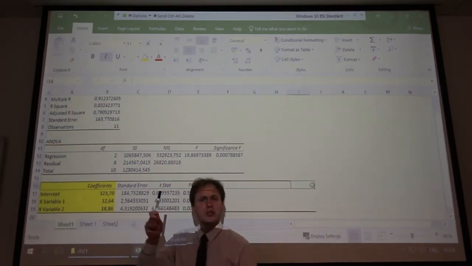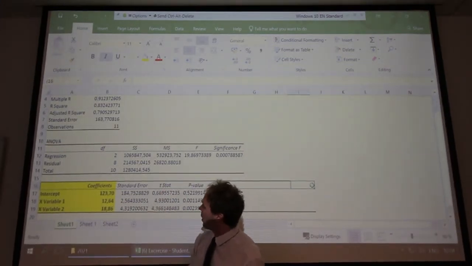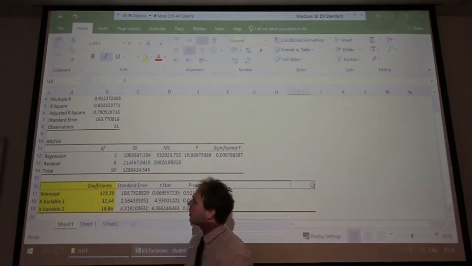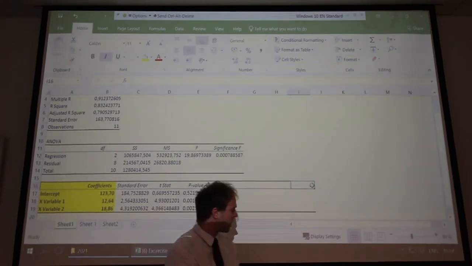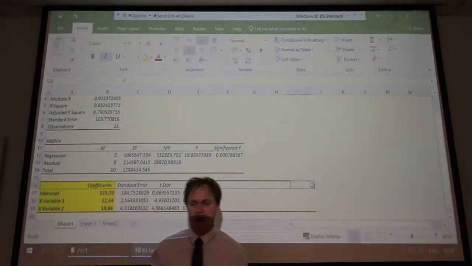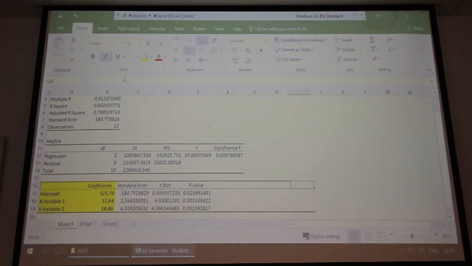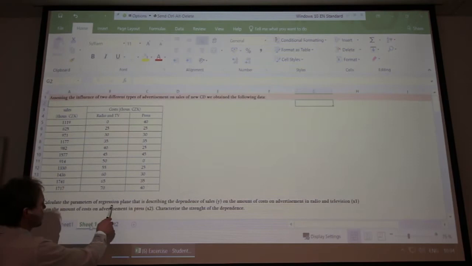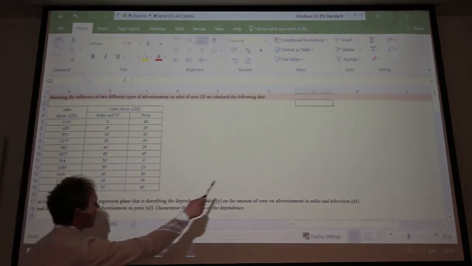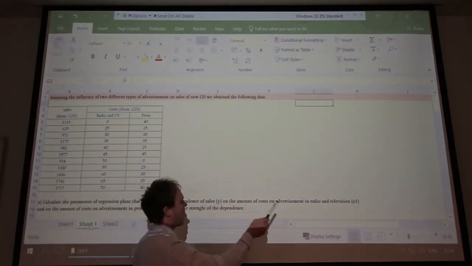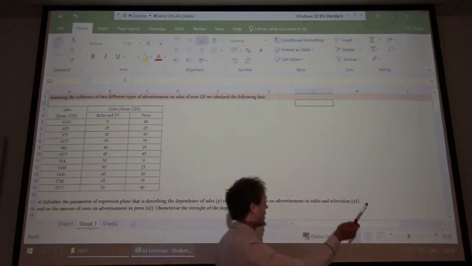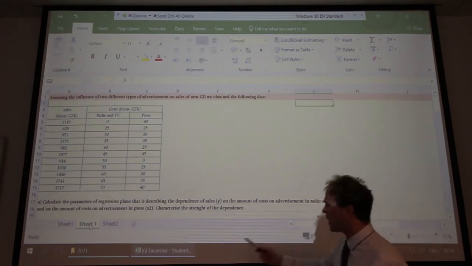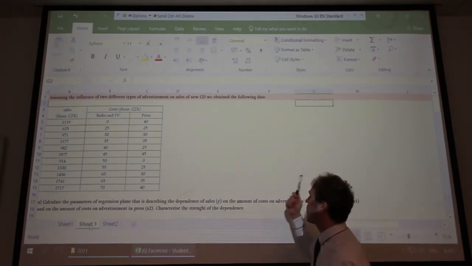I will check what was written in our example, and after I will move this output here on the left side, and I will use the whiteboard for writing. So I will check one more time what's written here. Calculate the parameters of regression plane that is describing the dependence of sales on the amount of costs on advertisement in radio and television and on the amount of costs on advertisement in press, and characterize the strength of the dependence.